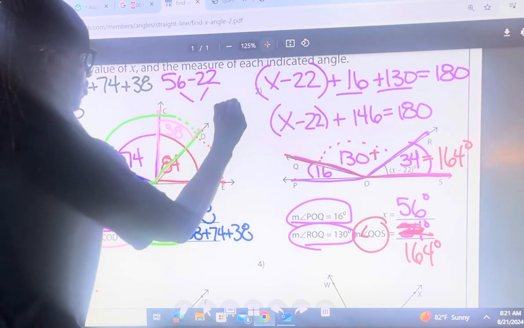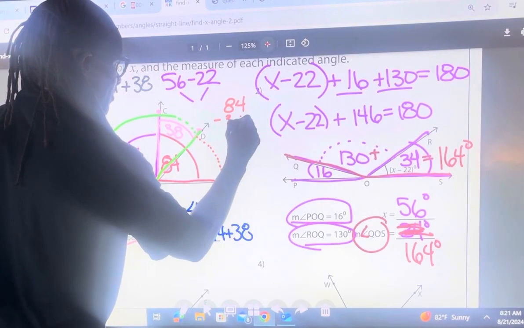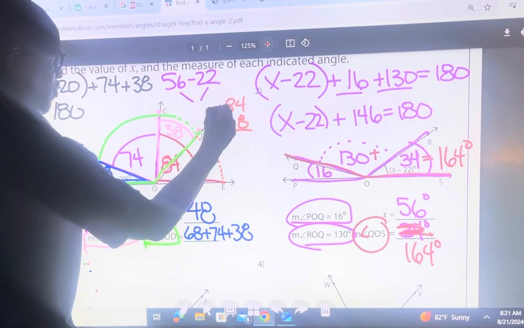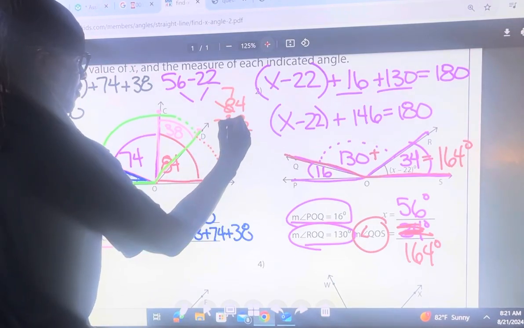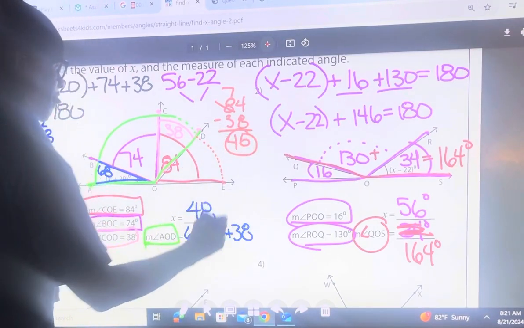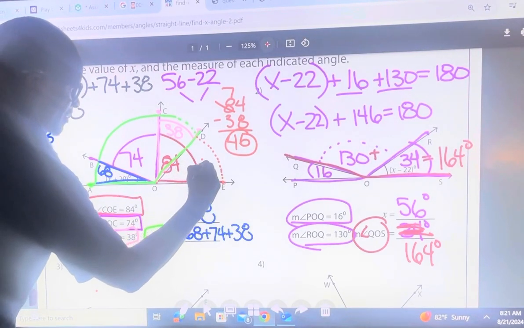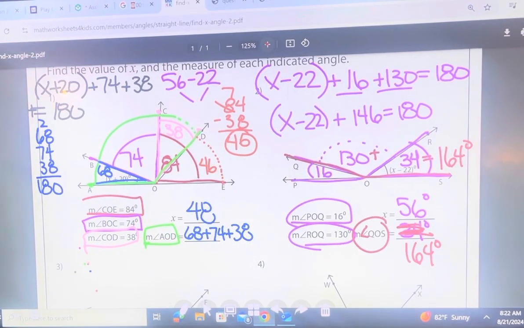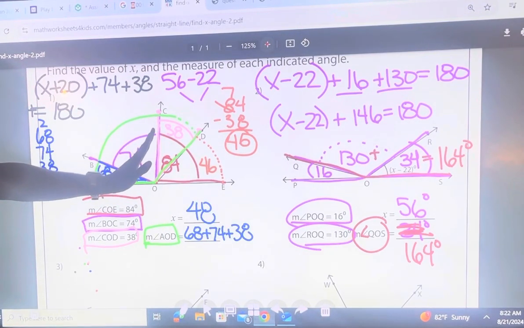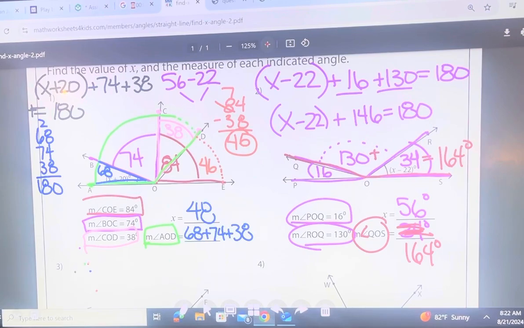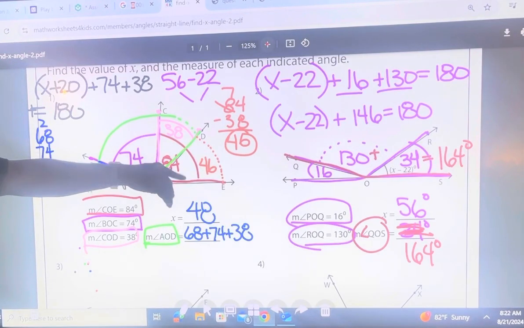I think 84 minus 38 is 46. Yeah, it is. So remember our X, 46, 38, 84, 74, and so therefore, when we go back in, we have to take this X out because we already have the 46 that was over here, so I kind of misplaced it.